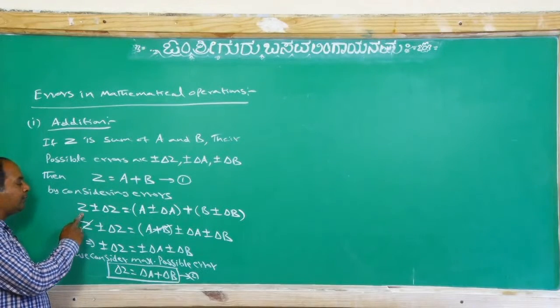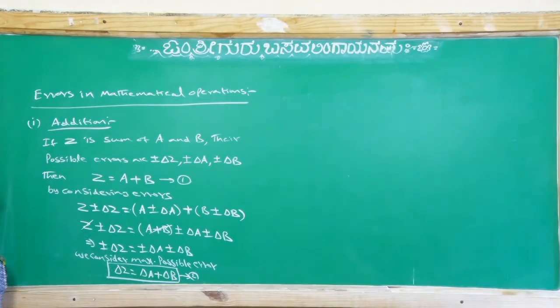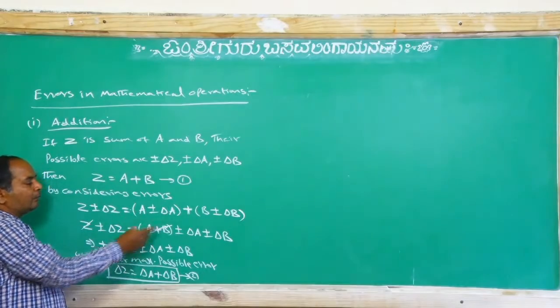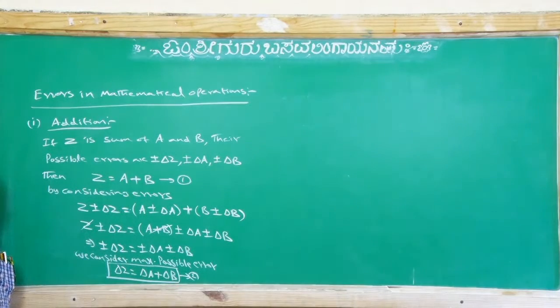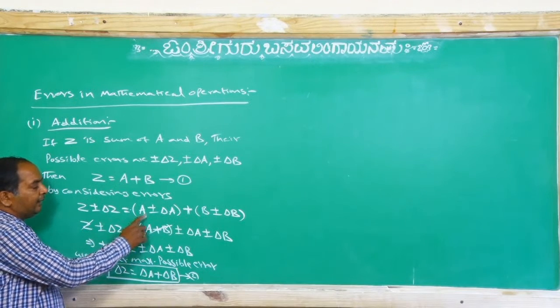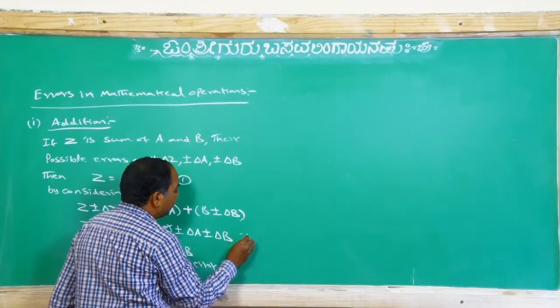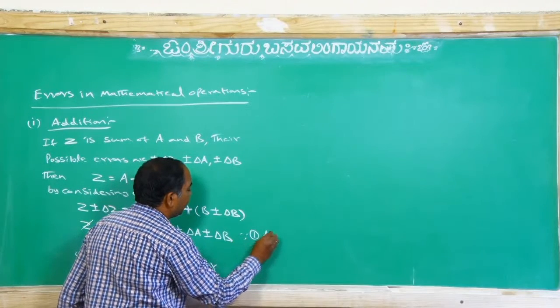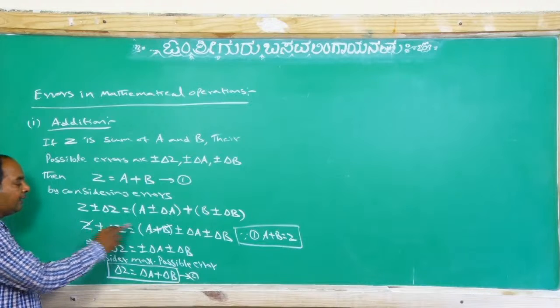So, the total value will become Z plus or minus delta Z, equal to A, the original value, with error plus or minus delta A. So, the total value will become A plus or minus delta A, plus B, the original value, with its error plus or minus delta B. So, the total value will become B plus or minus delta B. This one we may write as Z plus or minus delta Z is equal to A plus B plus or minus delta A plus or minus delta B. Here from equation 1, A plus B is equal to Z. So, I cancel A plus B.